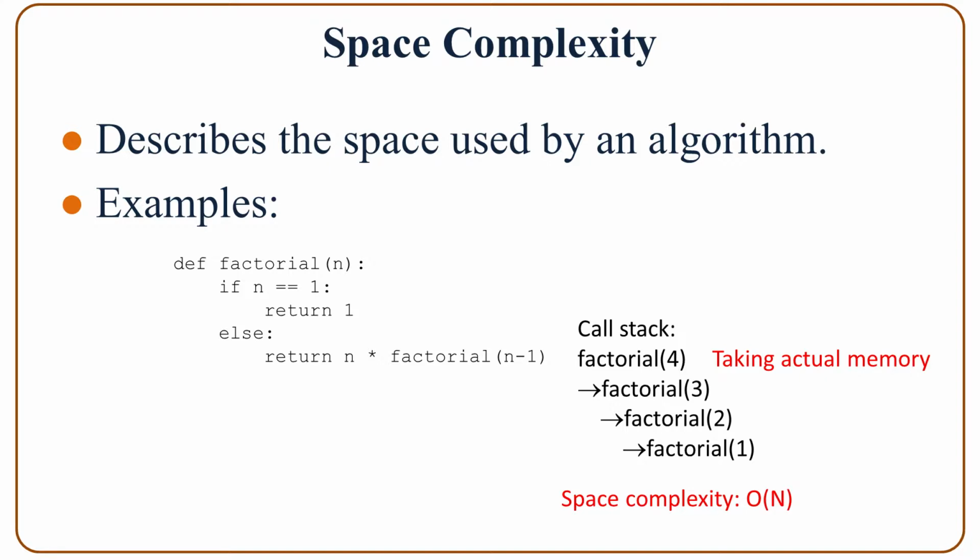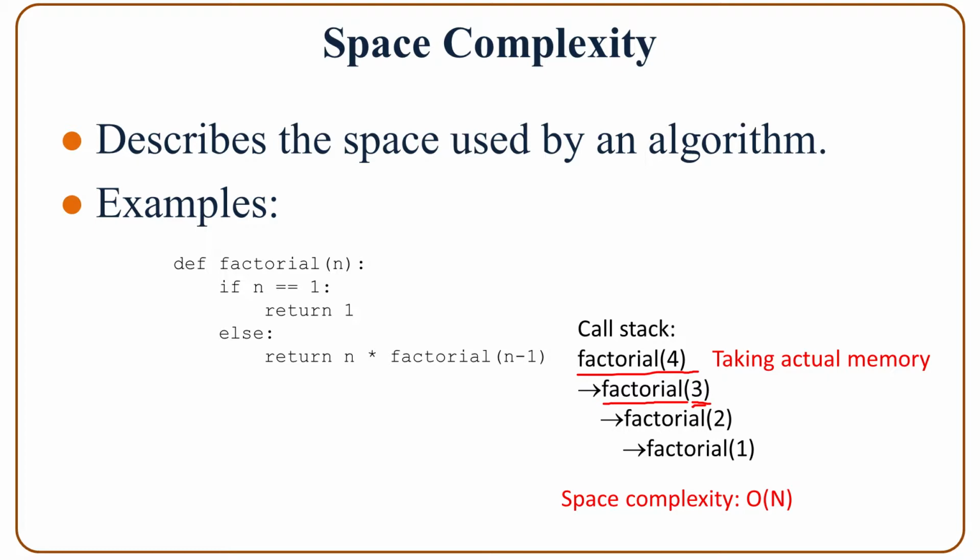Let's take an example. If we compute the factorial of 4, so we give 4 to the function. Looking at the call stack, we call factorial of 4. In the function, it then calls factorial of 3.